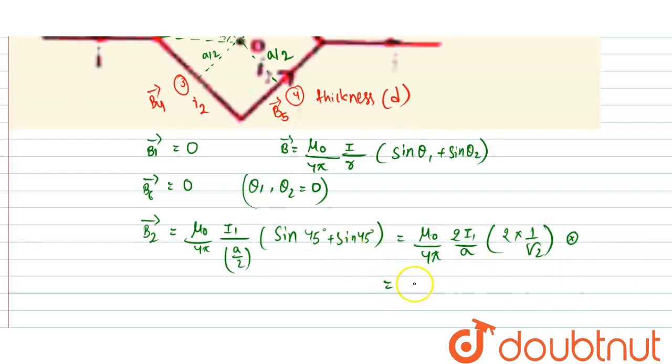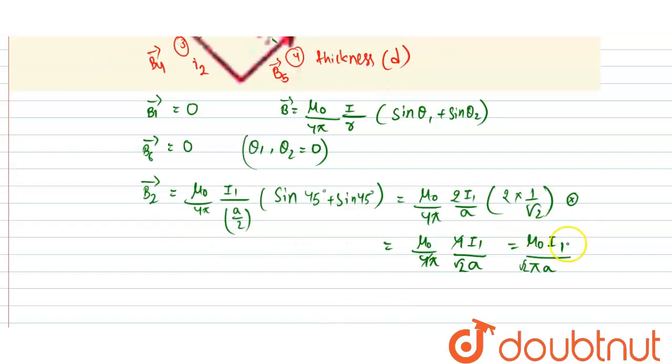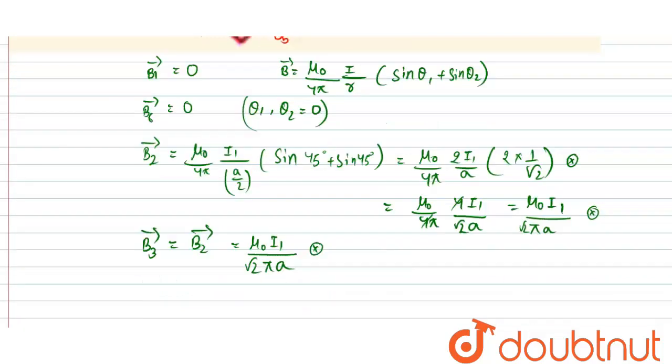So here B2 is equal to mu naught by 4 pi into 4 I1 by root 2 A, that is mu naught I1 by root 2 pi A. Now B3 also is equal to B2 and direction is also same. That is mu naught I1 by root 2 pi A, and the direction is outwards to the plane.